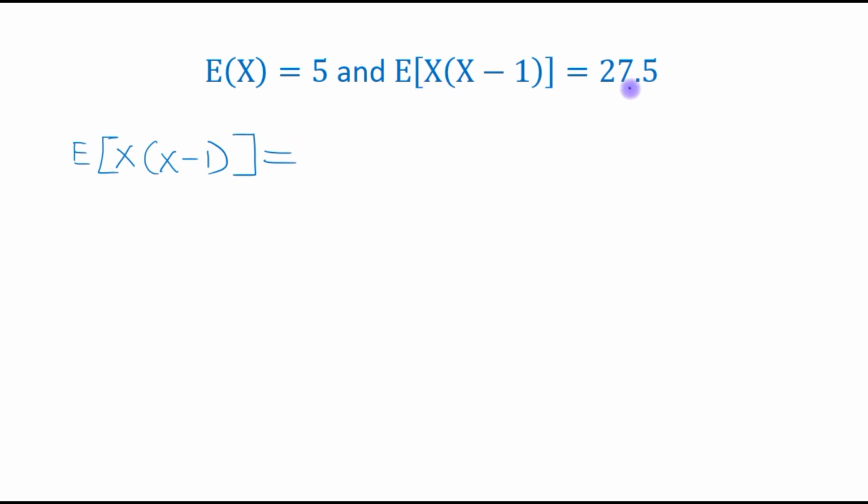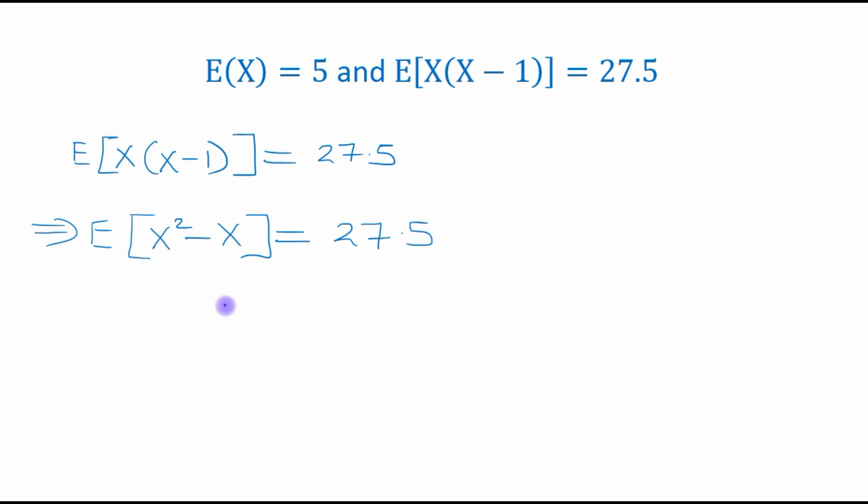This is equal to 27.5. Okay, so this is 27.5. Next step, this will become E(x square) minus E(x), 27.5.